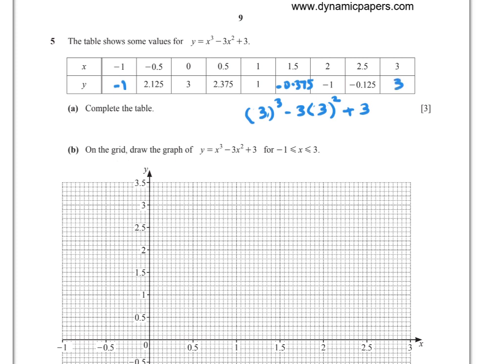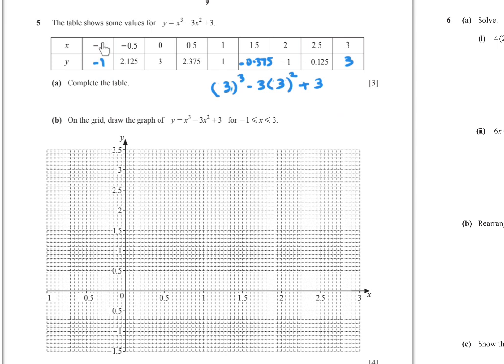Now on the grid, draw the graph. So we need to plot the points. The first point, -1, -1. The second point, -0.5 and 2.1. We can round this, so -0.5 and 2.1.